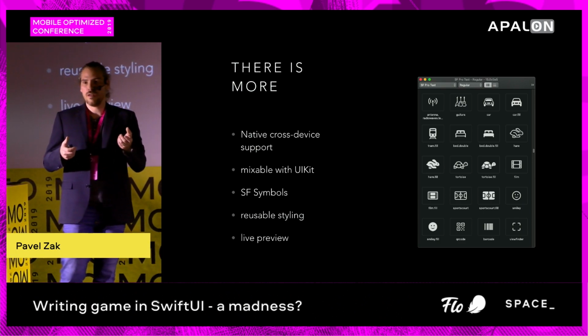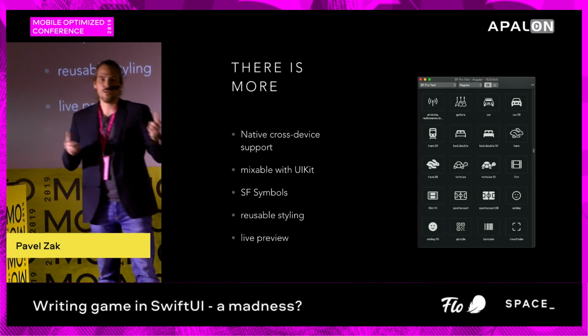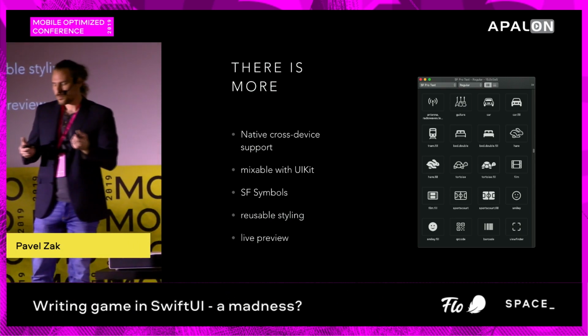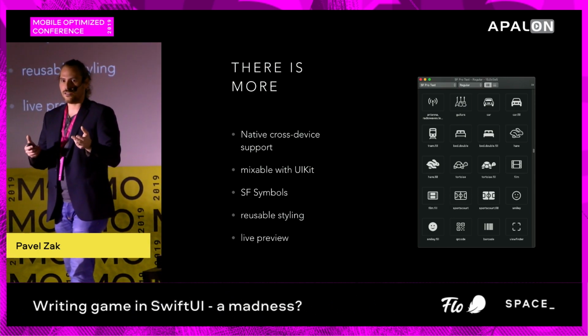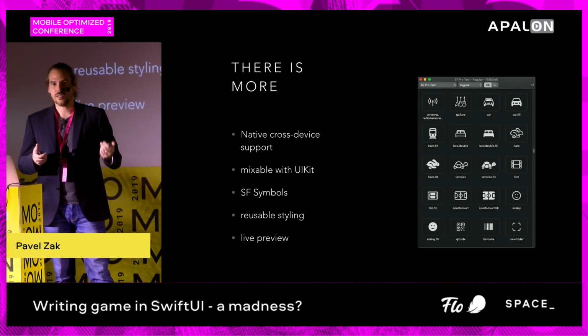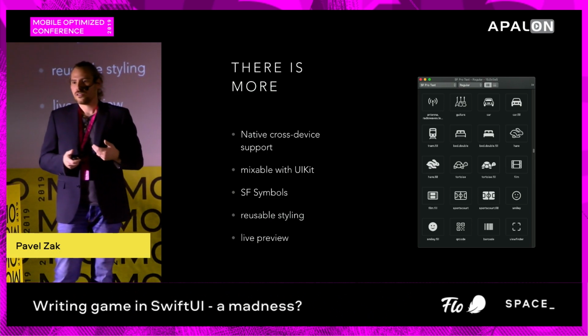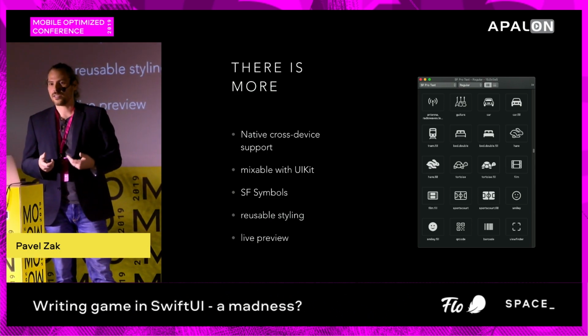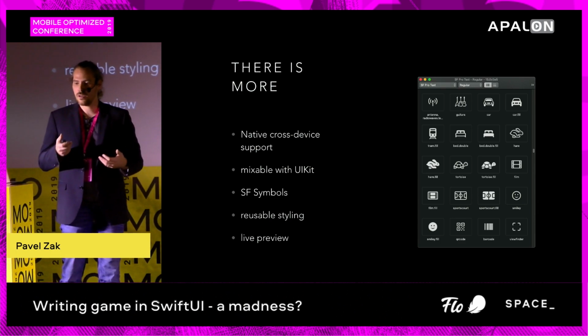That means that, for example, when the user changes in the accessibility settings his preference of how big the font should be, this also affects these symbols and icons. So it's more accessible also.